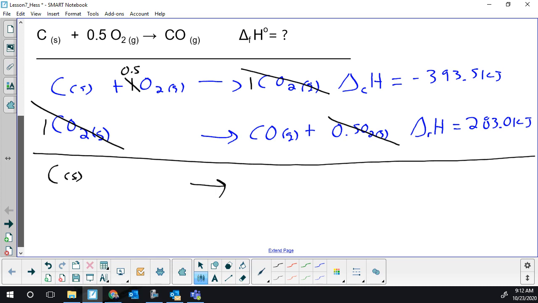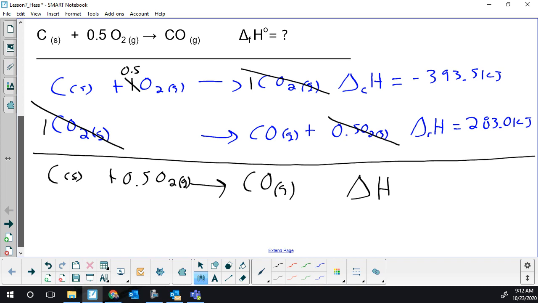So what that leaves is our half a mole of oxygen gas producing our carbon monoxide gas. The blue summed up to what we wanted. And Hess says if you net up two reactions, you can add up the changes in enthalpy, and that'll be the change in enthalpy for the net.